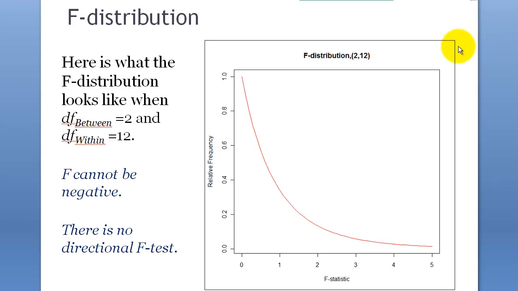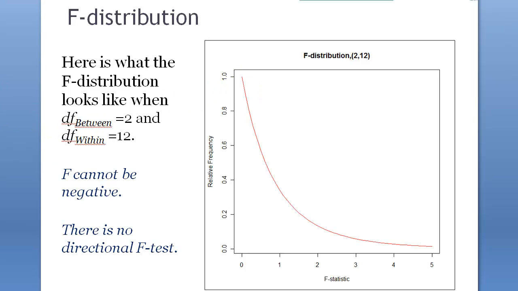As usual, I would like to know, okay, this is the F distribution. The F distribution looks like this. The reason behind this is how F statistics are calculated.